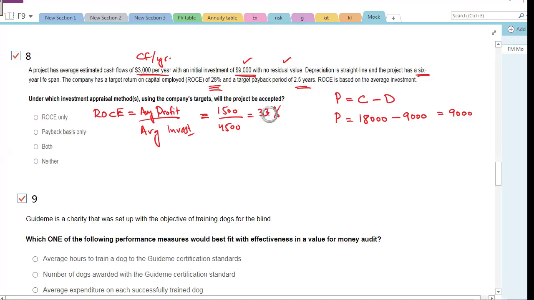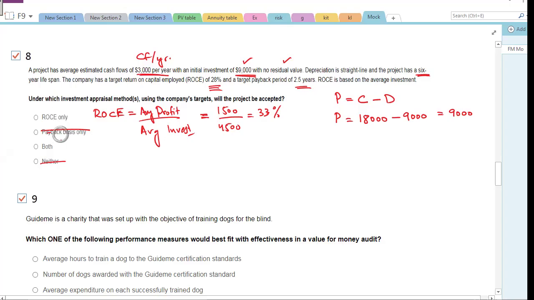We can clearly see that it's more than the target, right? So of course, this answer, payback basis only, is wrong, and we can say that both of them are correct is possible, but neither. Just in case I don't know the next calculation, I can say that my answer is either this or this.